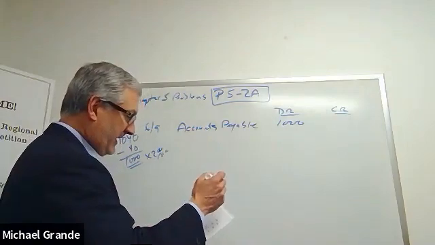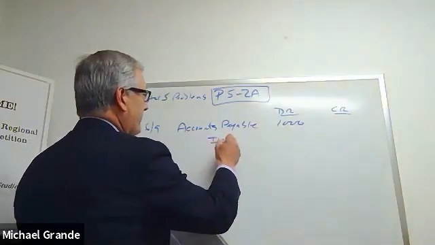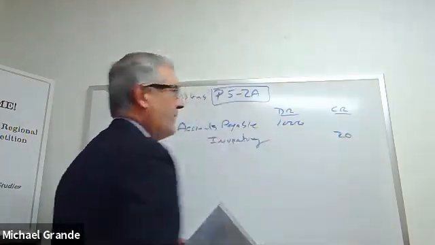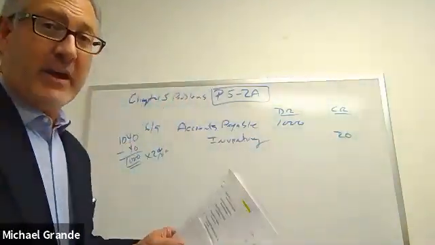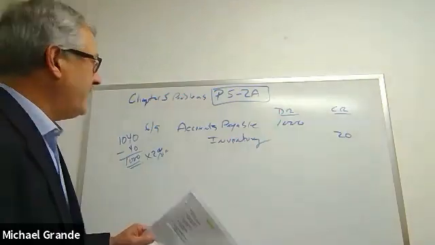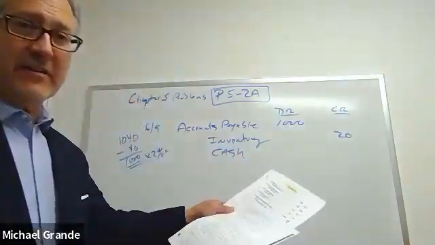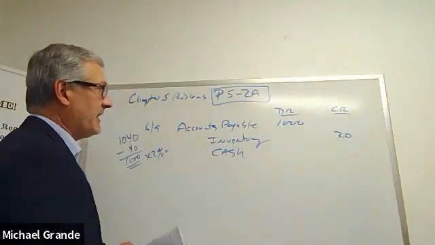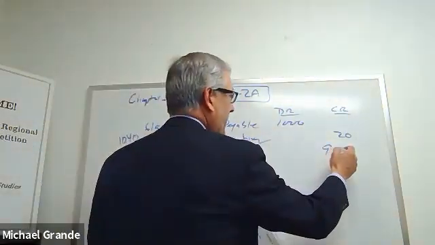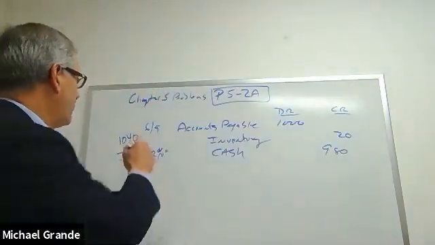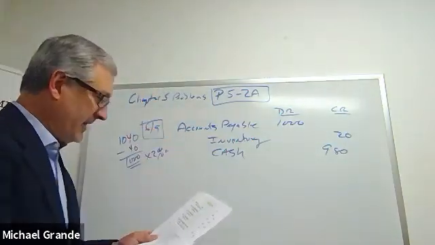So we're going to credit inventory for the $20 because it reduces the cost of my product, doesn't it? And then they're going to pay them with what? They're going to pay them with cash. So $1,000 minus the $20 discount, they only owe them cash of $980. That's what occurred on 6/9.